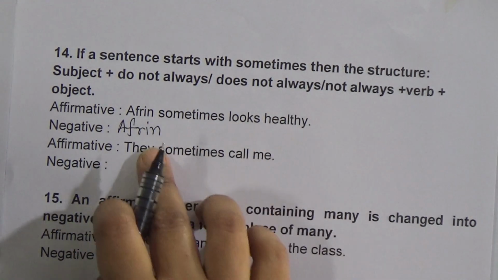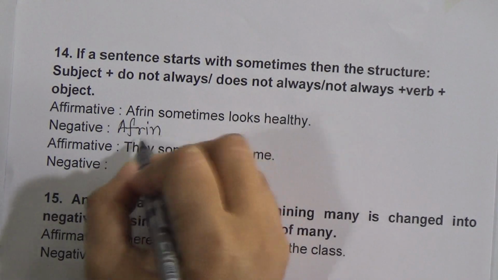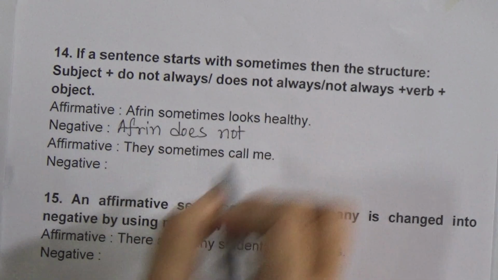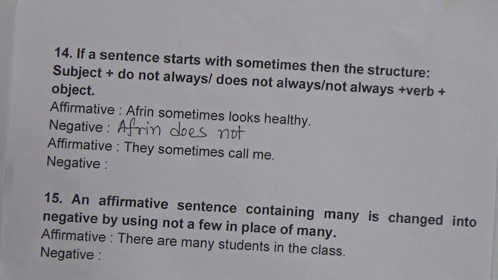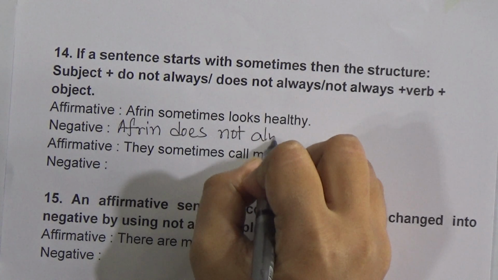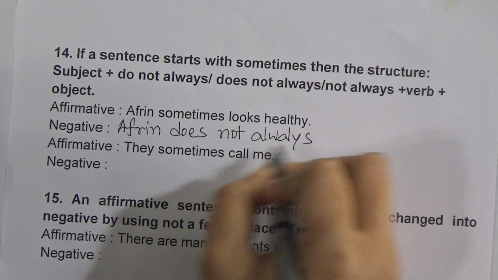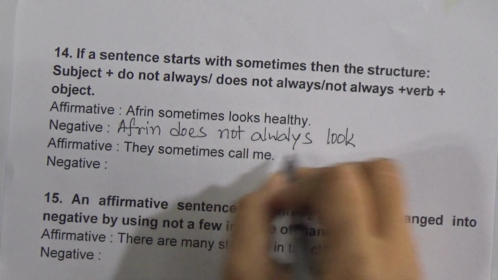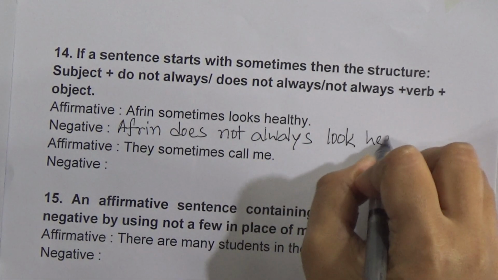So with Afrin there will be what? There will be does not, right? Afrin does not, then we will write always. Now the present form of the verb look, Afrin does not always look healthy.